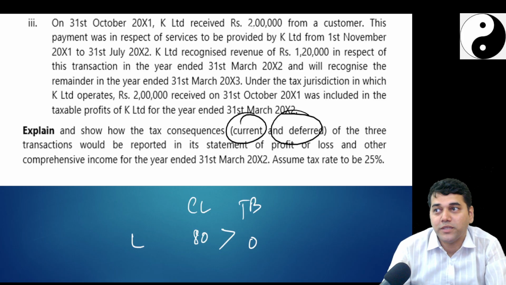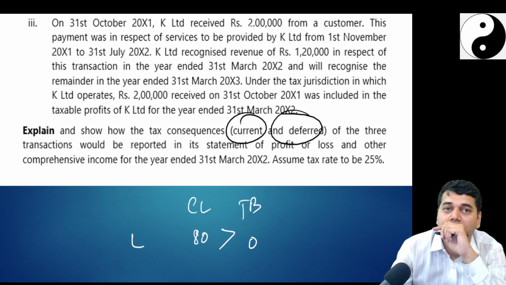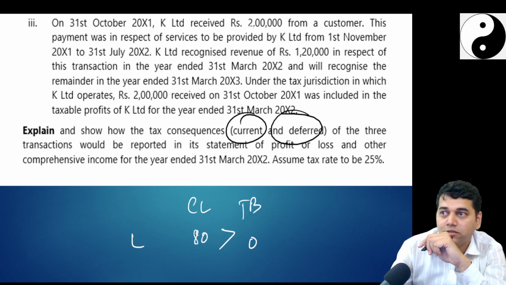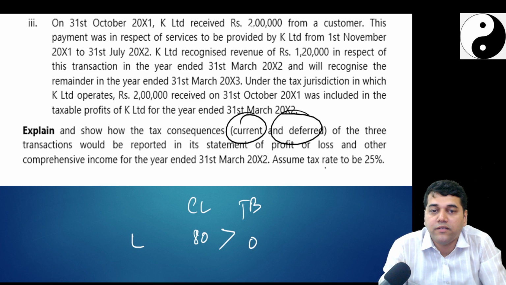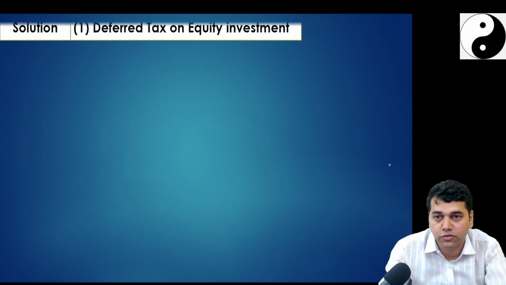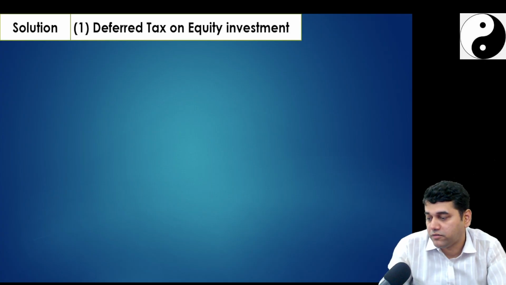So how much is the current tax because of the sale? You sold something, so the sale has a current tax effect, and of the three transactions it will be reported if you're assuming 25%. Okay, we'll solve this question. Deferred tax on equity investment.